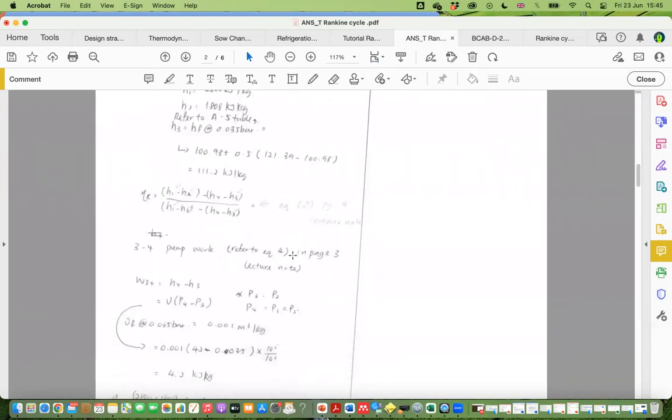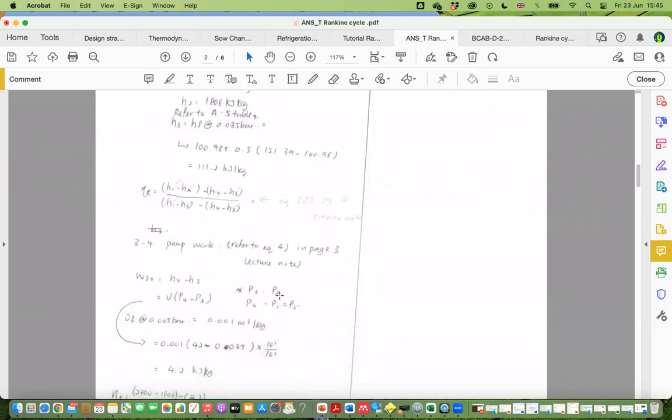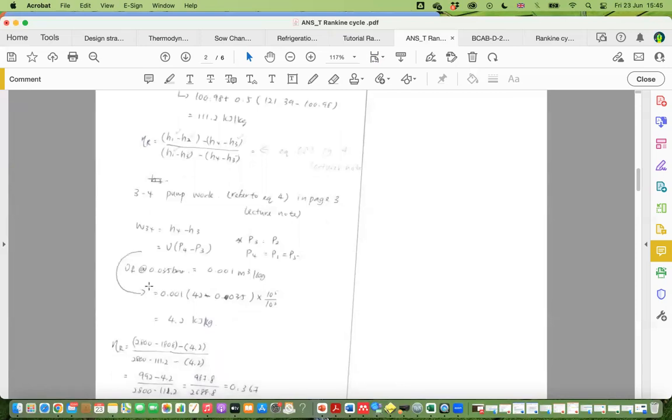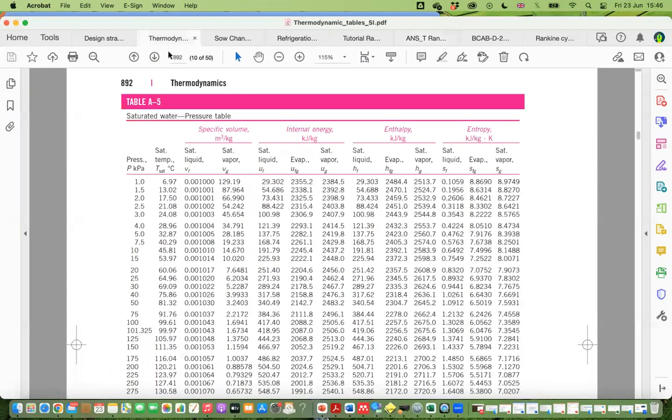So if you want the specific volume, you have to refer to the low pressure and then refer to the table. How? This one, specific volume.